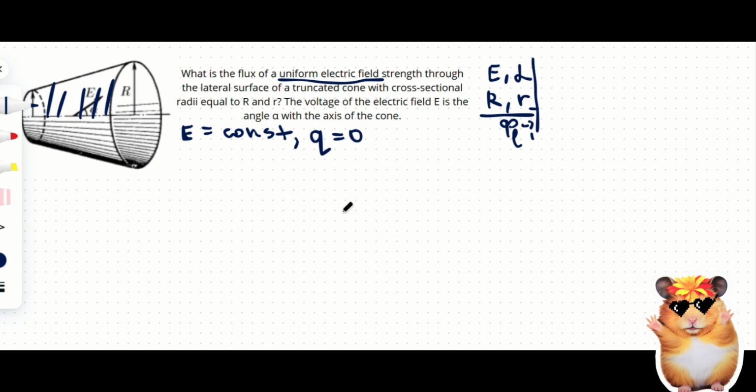So let's write down Gauss's theorem for the flux: F equals 1 over epsilon 0 multiplied by the sum of the charges. But in our case, it is equal to 0. It is the first step. But the flux equal to 0 is for the total cone.